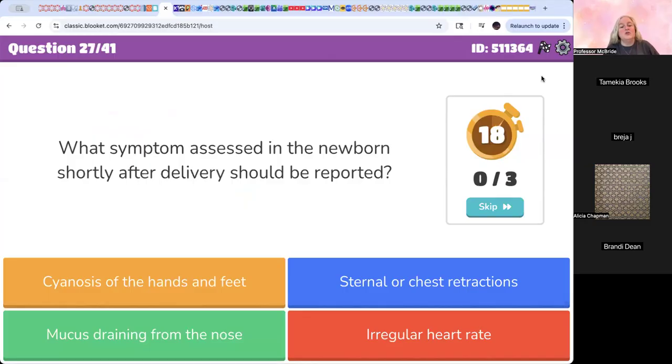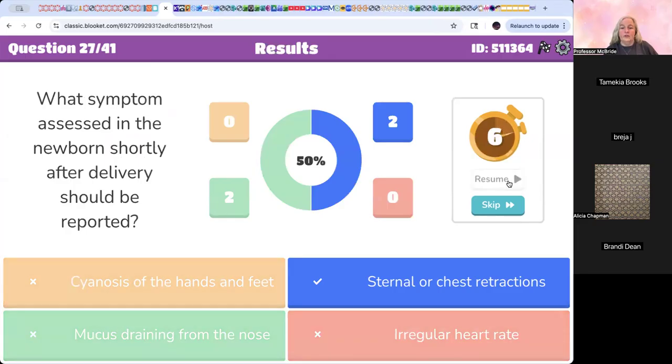What symptom assessed in the newborn shortly after delivery should be reported? Okay, good. This one, sternal or chest retractions, right? Remember the things we talked about for respiratory distress. Retractions, nasal flaring, grunting, seesaw respirations, tachypnea. Now this one, two of you picked green mucus draining from the nose.